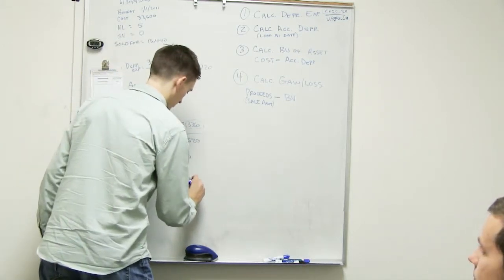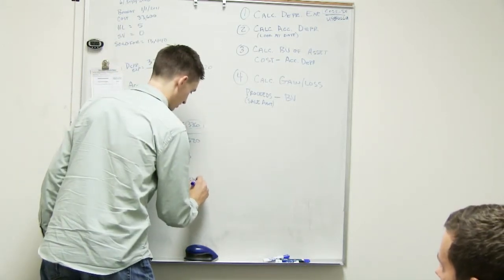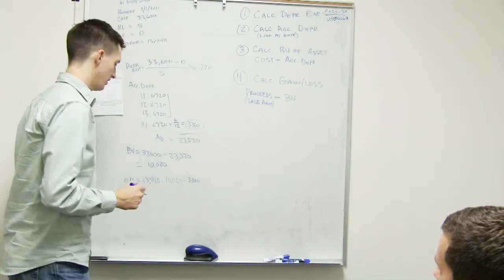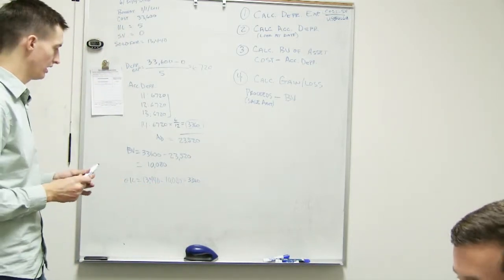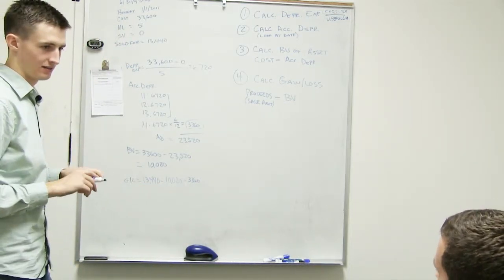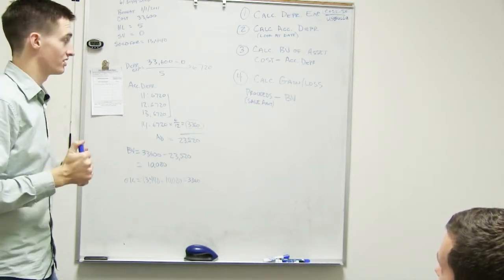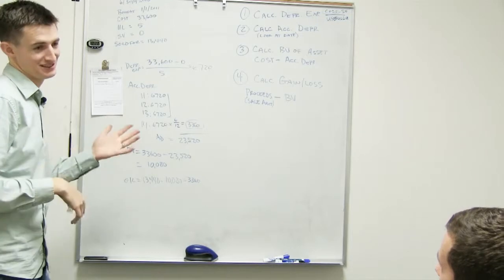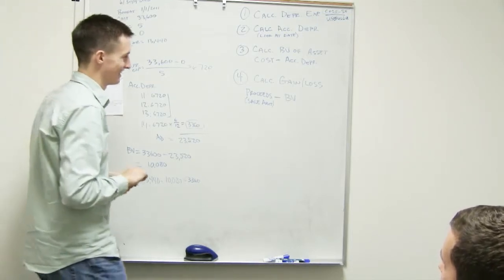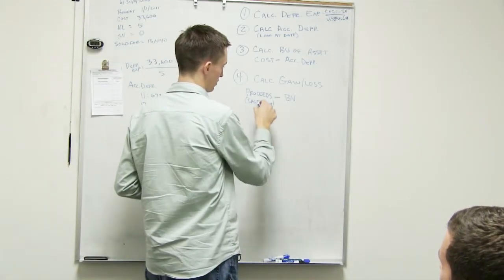That's $3,360. So is this a gain or a loss? It's a gain, because it's a positive number. That's the only reason, because the way that I've set it up, if it's positive, it's a gain, and if it's negative, it's a loss.